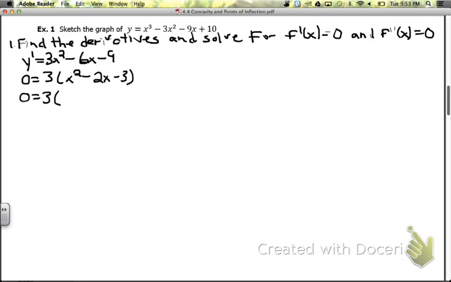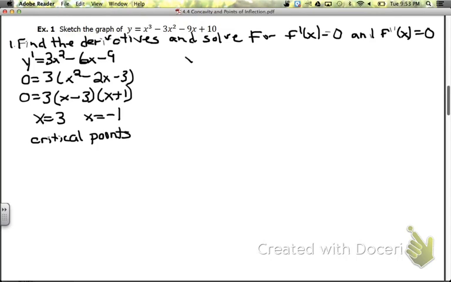I can now factor two numbers that multiply to negative 3 and add to negative 2, which is going to be x minus 3 times x plus 1. So therefore I have x equals 3 and x equals negative 1. These here are your critical points.